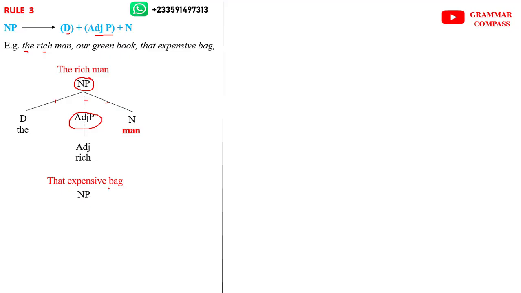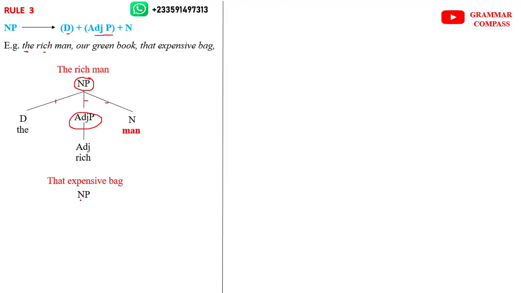Now this noun phrase consists of three different constituents. That is a determiner, an adjective phrase, and a noun. Remember, it is not an adjective in phrase structure grammar. It is an adjective phrase. So when you are representing it, make sure you do not go and write adjective as your first branching node.